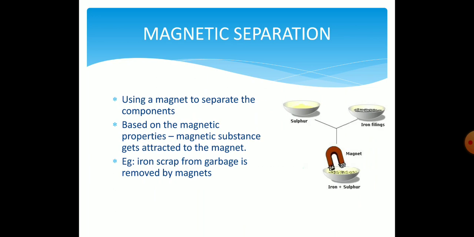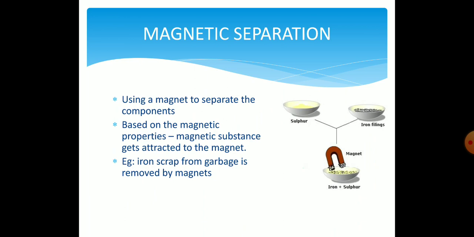Magnetic separation. We use a magnet to separate the components. Why are we going to use the magnet? Because those elements have magnetic properties. That particular element in the mixture has magnetic properties, so we can use a magnet to separate it.